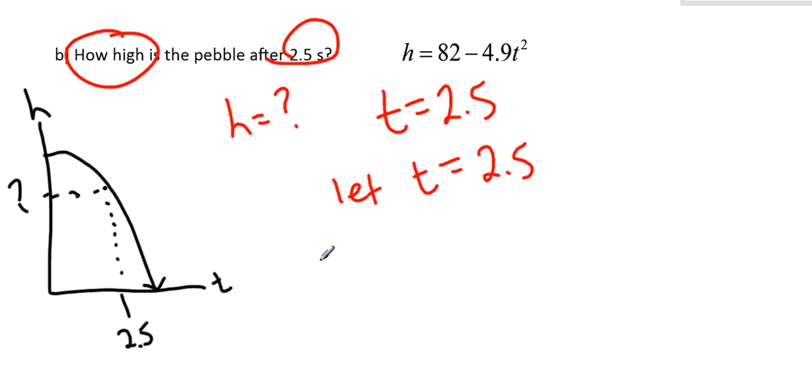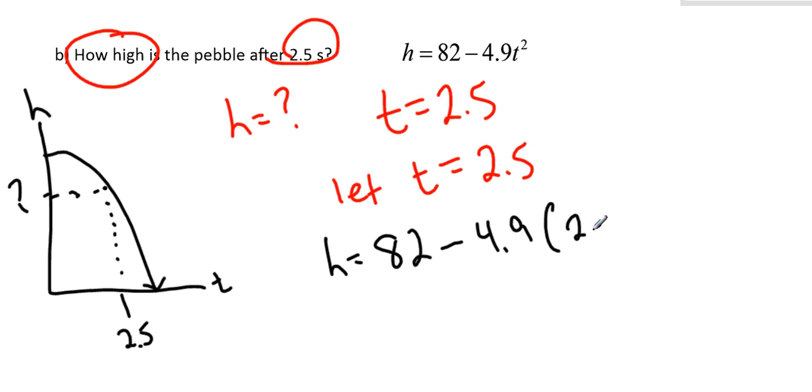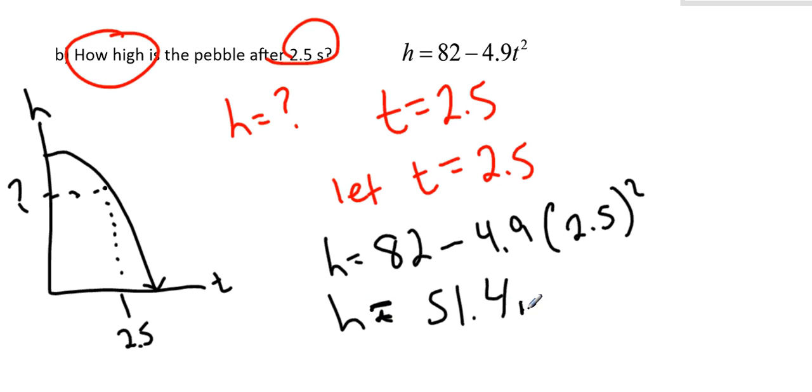And again, if we get a weird answer for height, like a negative answer, it means that the pebble has actually already hit the water. So let's see what happens. Height equals 82 minus 4.9 times time squared. So in your calculator, let's do this math. I get an answer of 51.4 meters.